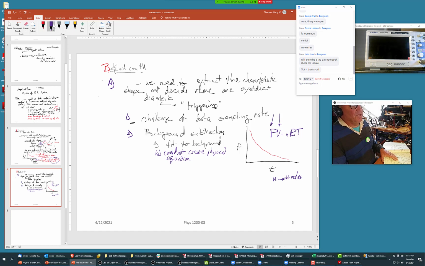So in principle we have pressure, volume, moles, the gas constant, and temperature. Temperature would be held constant, and in principle we would hold the volume constant, but we don't have that ability here.